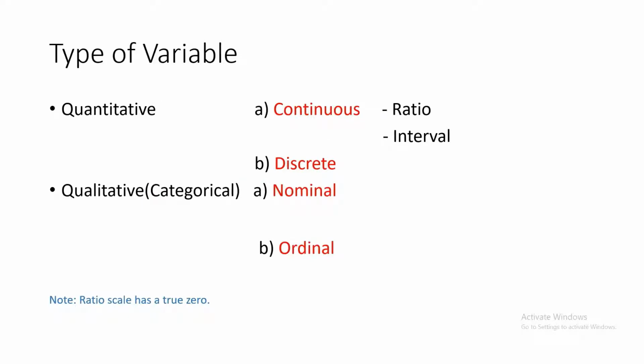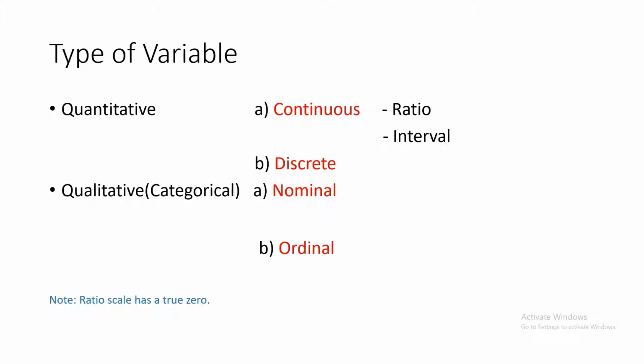So mainly there are four types of variable. First, they are classified into two types, quantitative and qualitative. Quantitative variables are further divided into two types, continuous and discrete. And qualitative variables are further divided into nominal and ordinal.